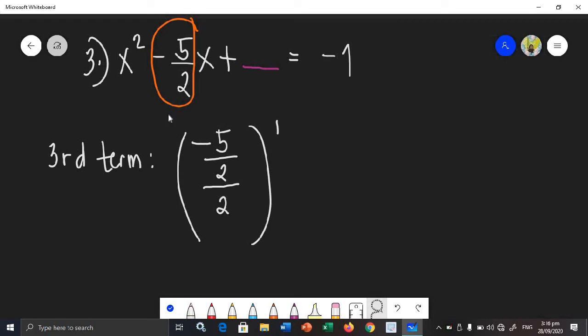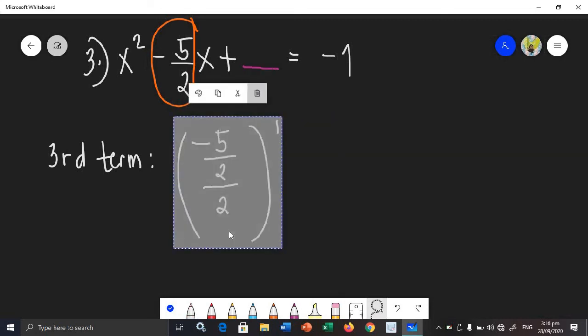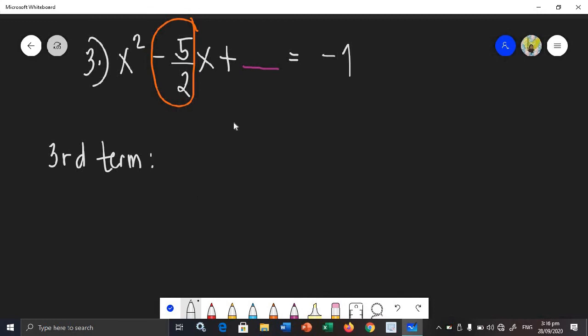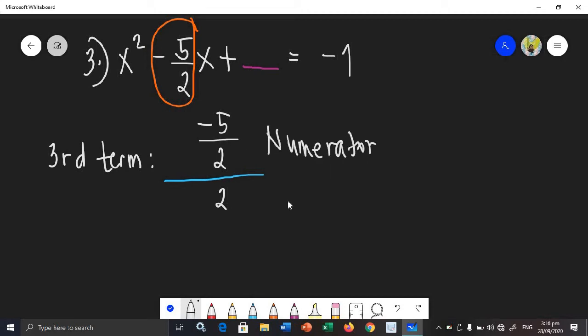I-rewrite ko yung given para mas ma-imagine nyo kung ano yung mangyayari. Si negative 5 over 2, kailangan natin siyang i-divide sa 2. Si negative 5 over 2, siya yung ating numerator. Si 2 ang ating denominator. Yung blue line na yan, ngayon yung fraction bar. Diyan sila nahahati.